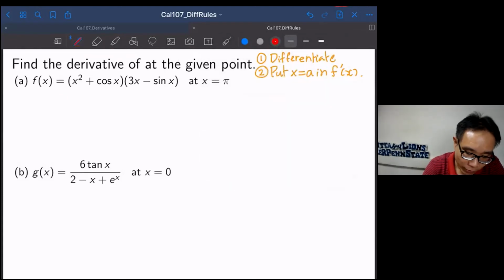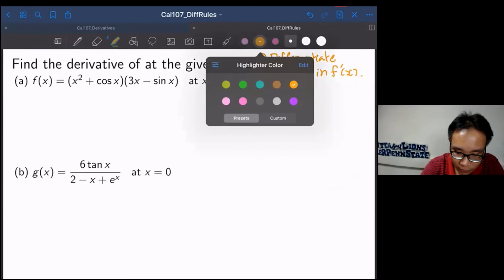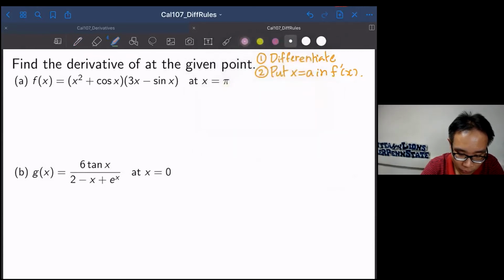The first one first. So you have f of x, which is a product between two functions. I'm going to use the same colors: the pink one and the yellow one. I'm going to differentiate this one.